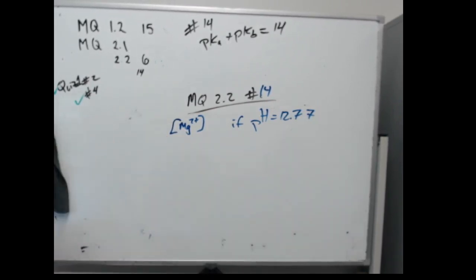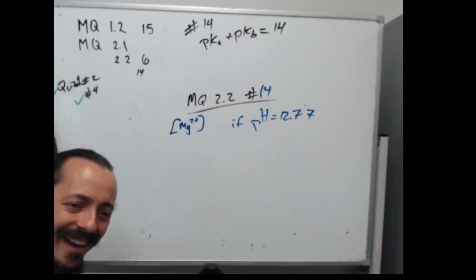And it just says use Ksp values from the equation sheet. What Ksp values would you use? For magnesium hydroxide.